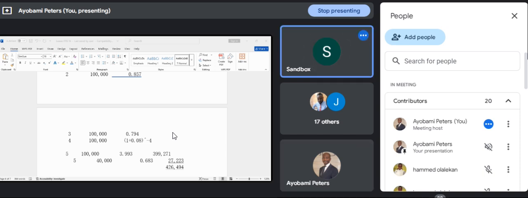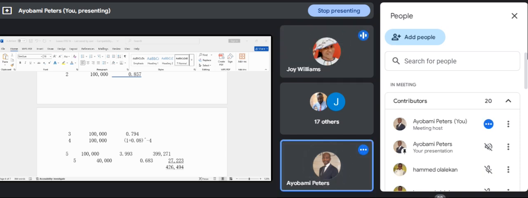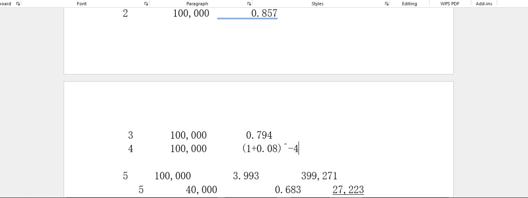What do you have? 0.74. That is 0.735, approximately 0.7. Just always do it to the nearest three figures. Okay, you have given us year 4 now.